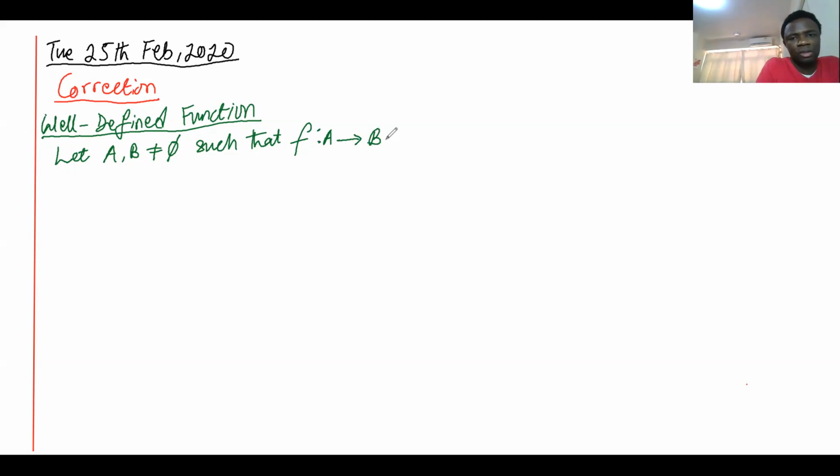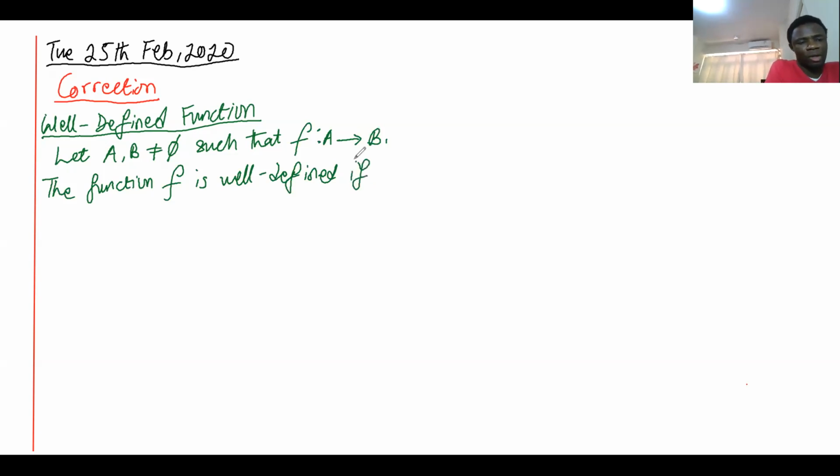So the function f is well defined if for any x, y, for any two arguments, all right? The argument is from the domain.